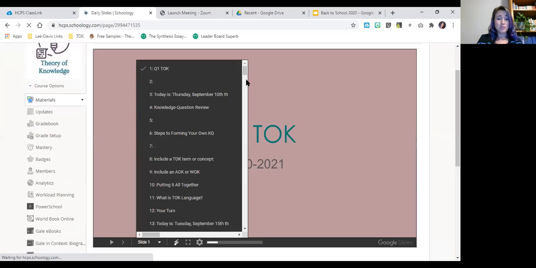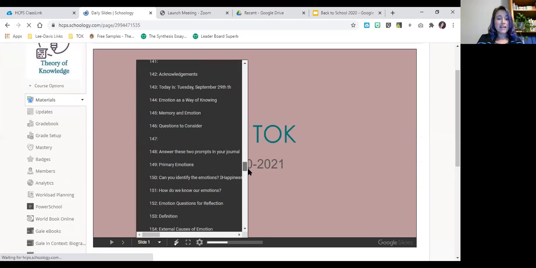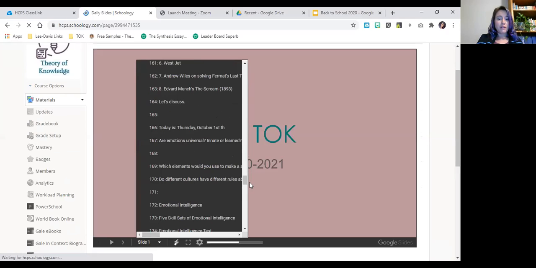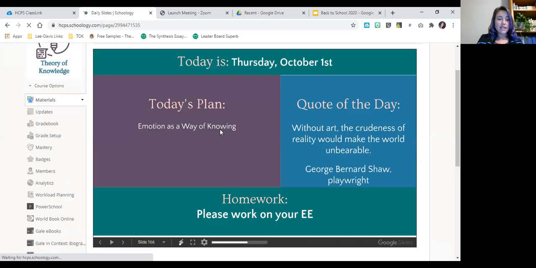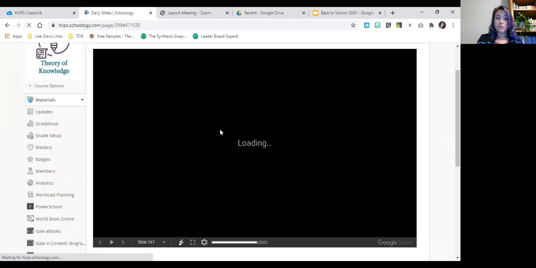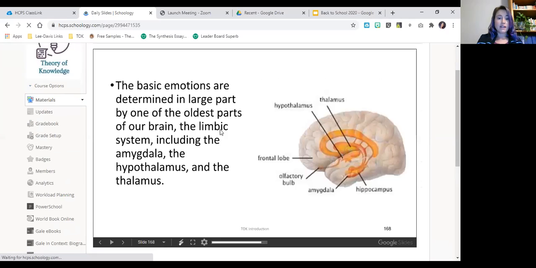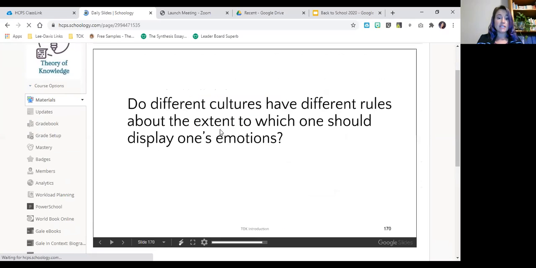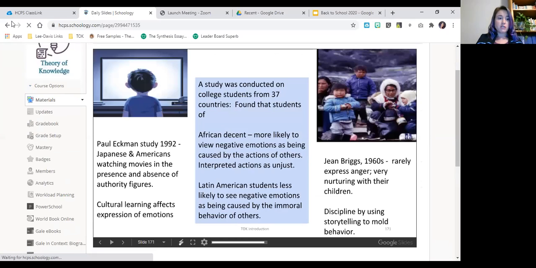In fact, we're up to like 200 and some slides at this point. But if a student misses a class, they can log in and see what we're doing and go through the information that way. All the videos we watch are linked, so all that information is there.